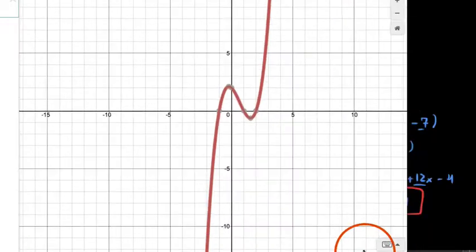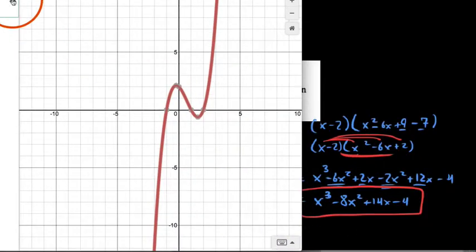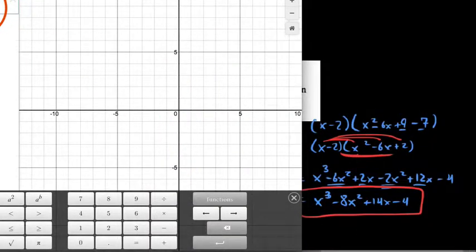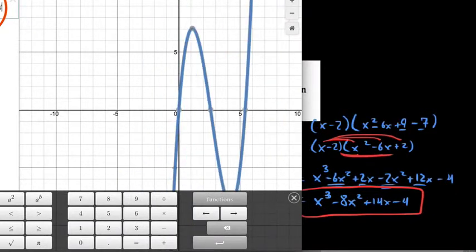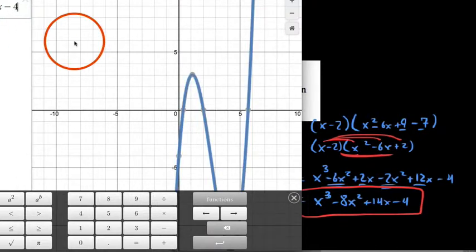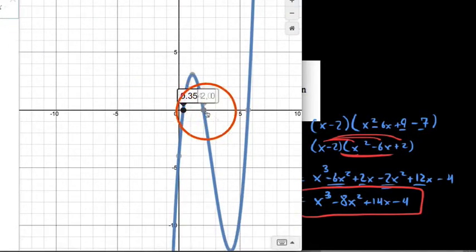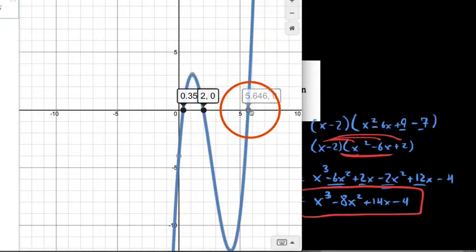So let me twist this out of the way so we can see what our function is here. We'll go up over here. So we were able to get f of x, having the zeros we wanted here, defined by x cubed minus 8x squared plus 14x minus 4. And when we look at this function here, we can see that we have our zeros at 2.